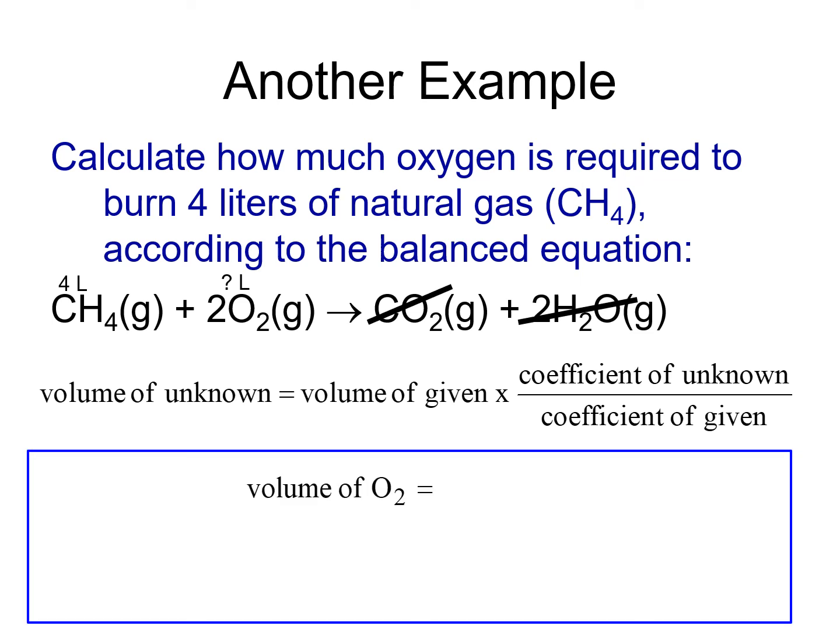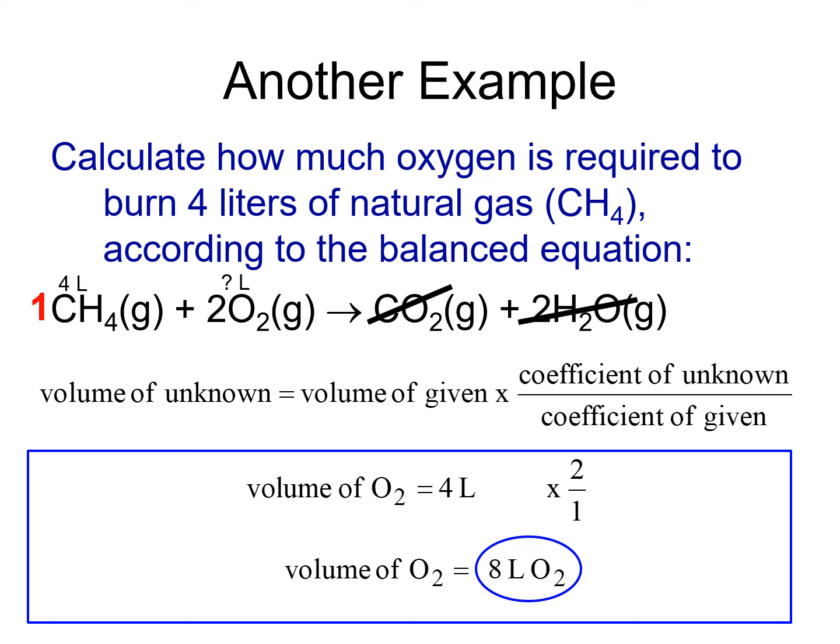In this case, the coefficient of the unknown is 2. The coefficient of the given substance, natural gas, is implied to be 1. So it's 4 liters times 2 over 1, which equals 8 liters. It requires 8 liters of oxygen to completely combust 4 liters of methane, natural gas.